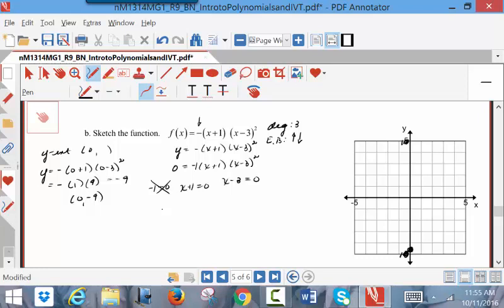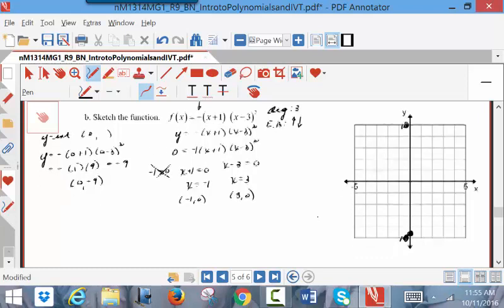So if that negative out front is bothering you, that lets you know that it doesn't change anything as it pertains to your x-intercepts. So x is negative 1, x is 3. I have a 0 at negative 1, 0, and another at 3, 0.